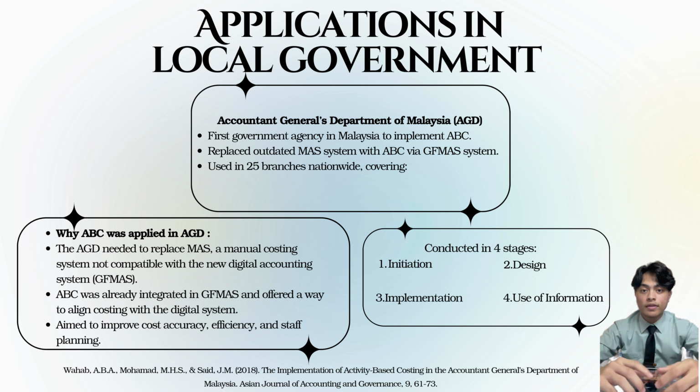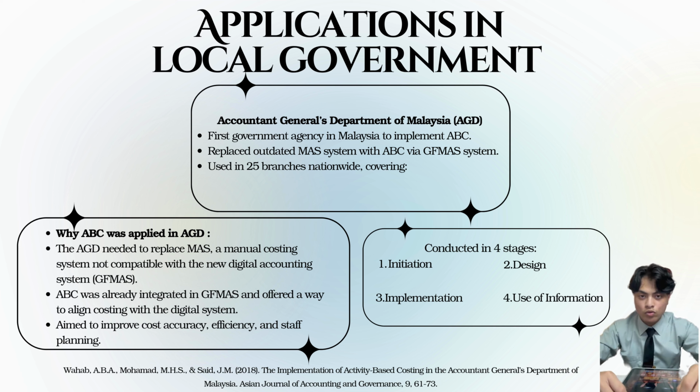Now, let's look at the example of the Accountant General Department of Malaysia. This department implements ABC as part of a broader system called GFMAS. The goal was to replace their manual system and get more precise cost data.